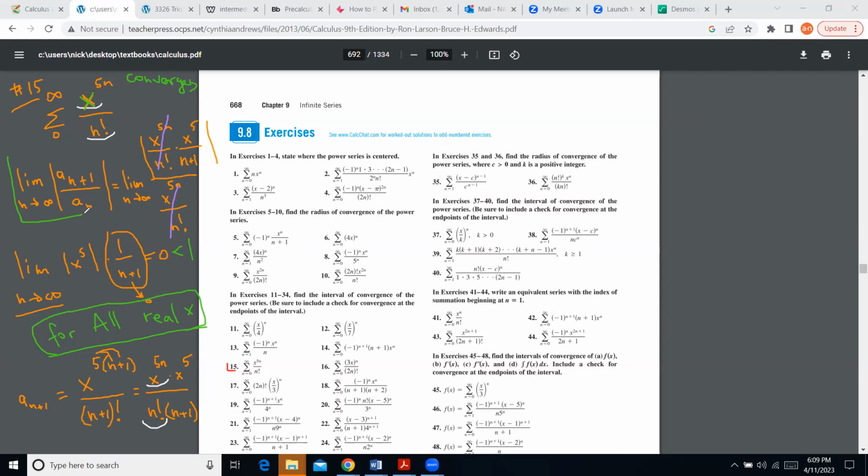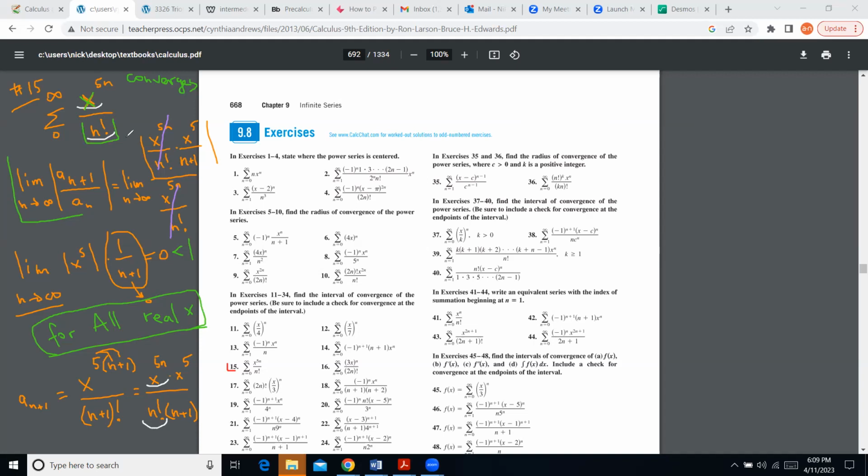I guess that makes the exercise very nice, because usually we experience some issues with convergence, but not here. Whenever n factorial is in the denominator, it's a very strong function that makes everything converge, and that's the point.